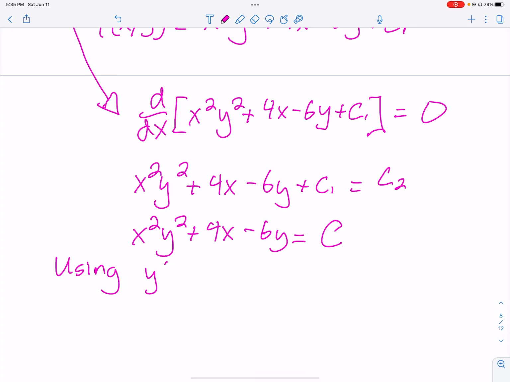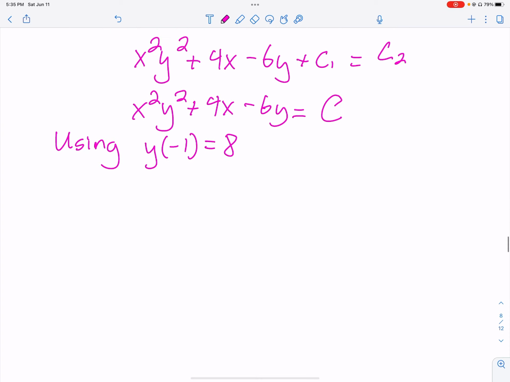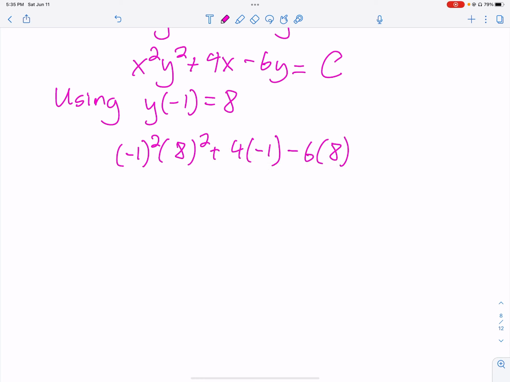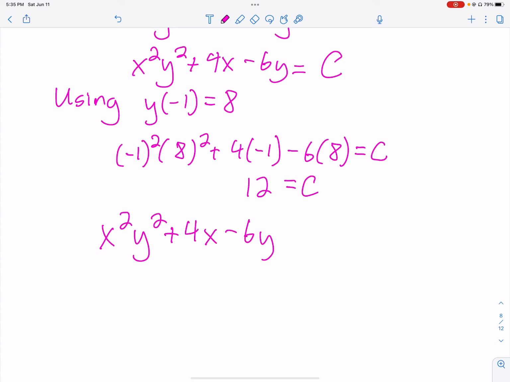Using the initial condition y of negative 1 equals 8, we'll plug all that in. We got negative 1 squared, 8 squared, plus 4 times negative 1, minus 6 times 8 equals c. If you plug all that into your calculator, you get 12. So I know my answer is x squared y squared plus 4x minus 6y equals 12.